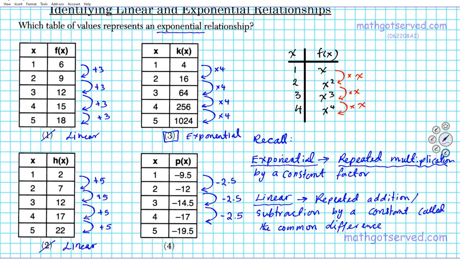So it's negative 2.5, and the last one we can easily see the same pattern, negative 2.5 also. So this, ladies and gentlemen, is a linear relationship. Why is that? Because you're subtracting the same number over and over again, or you can think of it as adding a negative number repeatedly, which makes it linear. All right, the answer to this problem is option number 3, the exponential relationship.